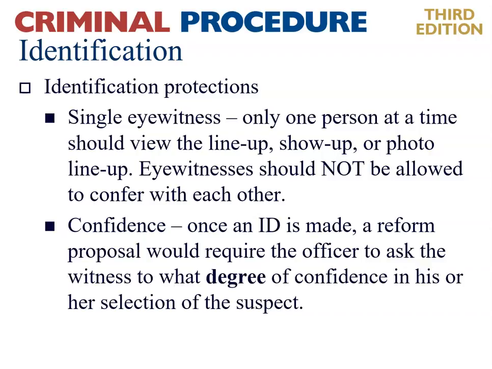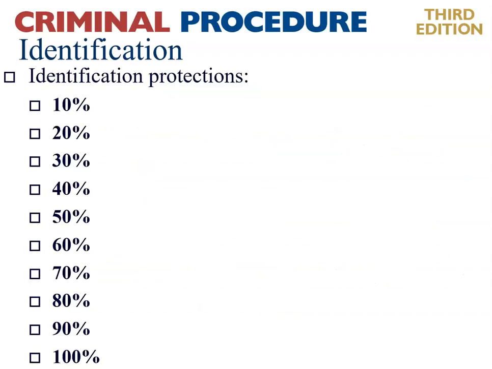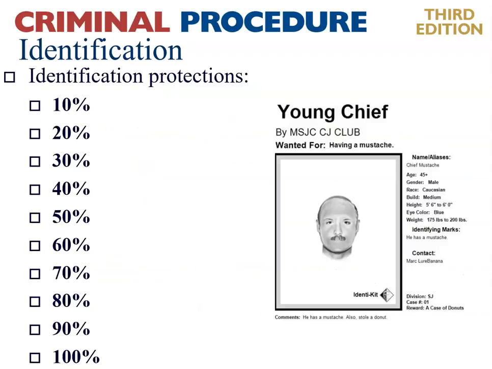Meaning, if you selected, let's say, number 2 in a photo lineup, the officer would ask you to what degree of confidence, on a scale of 1 to 10, or on a percentage from 0% to 100%. If somebody said 50%, that's maybe not that good. If it's 100%, that's a heck of a lot better. You can see how much more emphasis is placed on that. And then, this would be the identification.